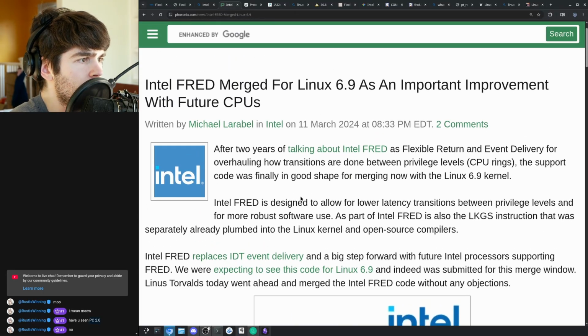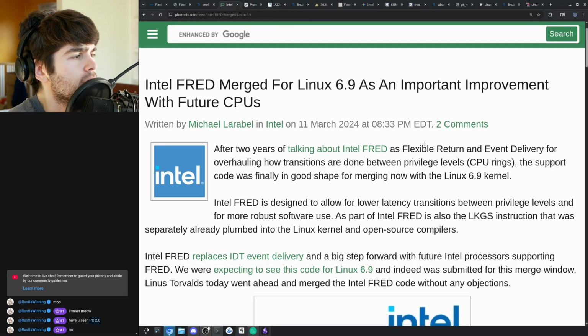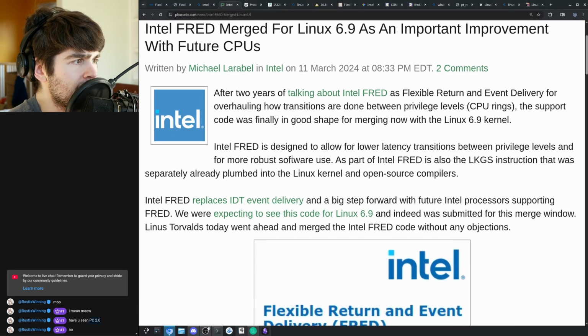All right, after 2 years of talking about FRED, flexible return and event delivery, for overhauling how transitions are done between privilege level CPU rings, the support code was finally in good shape for merging, now with the Linux 6.9 kernel. Linux FRED is designed to allow for lower latency transition between privilege levels and more robust software use.